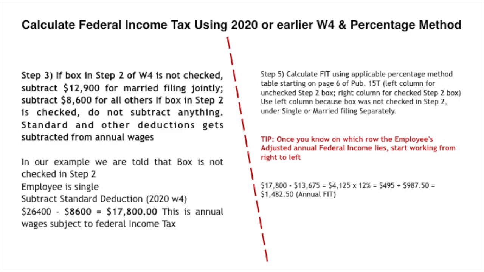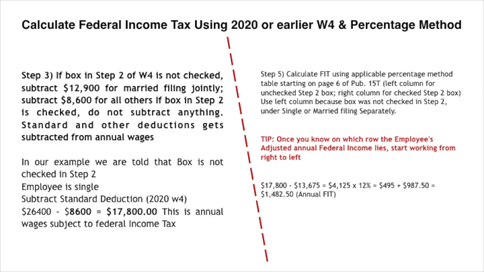In step 5, we will calculate the federal income tax, which I'll show you in a minute. So calculate the federal income tax using the applicable percentage method table starting on page 6 of Publication 15T. The left column is for an unchecked step 2 box and the right column is for a checked step 2 box.